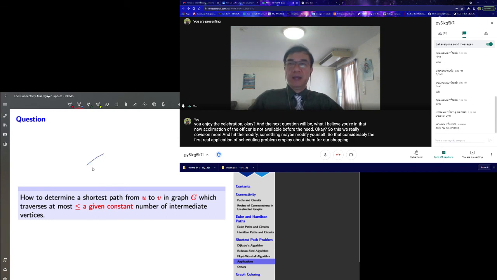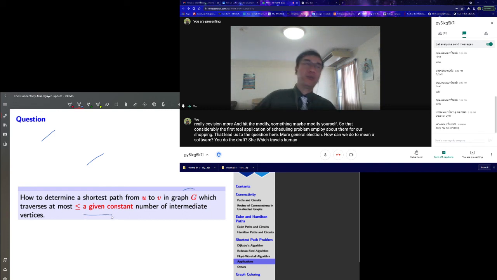And that leads us to a more general question here. How can we determine a shortest path from U to V in a graph which travels at most a given constant? So this is a new requirement.